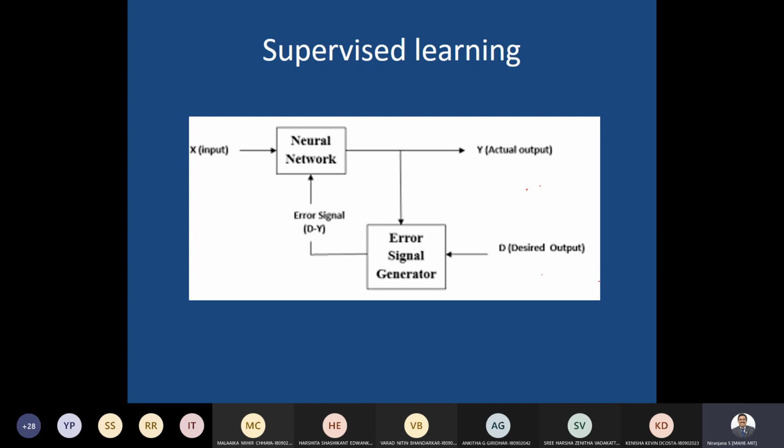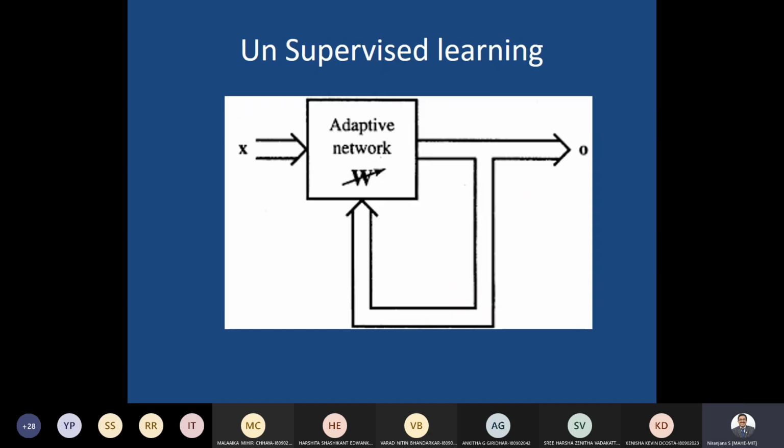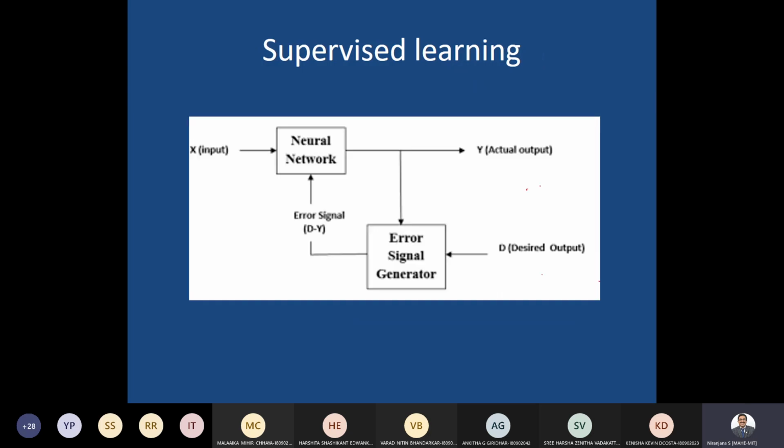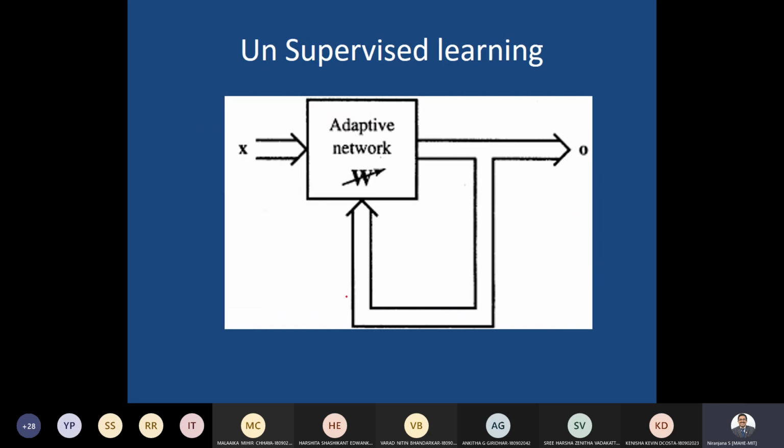This is what is happening in the supervised models generally. And in the case of unsupervised models, where I said there is no target, this is the target or desired output, this is not here. Target is not there. You can find only one input is used here.